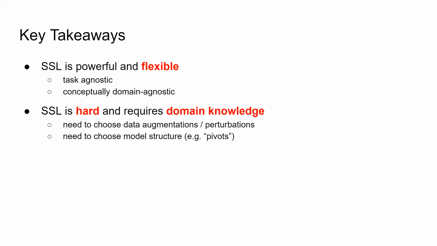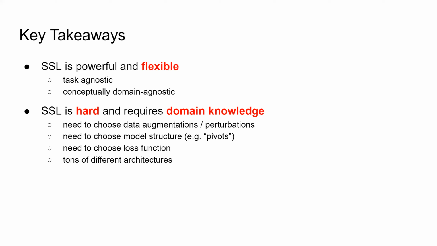Also, you might need to make some choices when you build your model structures. For example, I showed you a few different approaches for non-contrastive learning with different ways to have these pivots in the model. But even with contrastive learning, there are several different choices in how you structure the layers of your model, and also how you choose the specific loss function that you use.